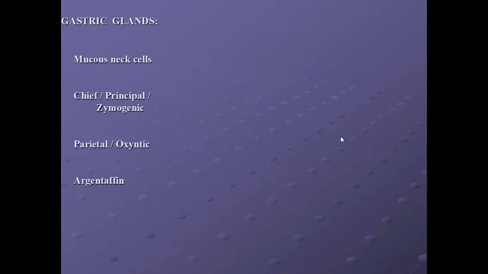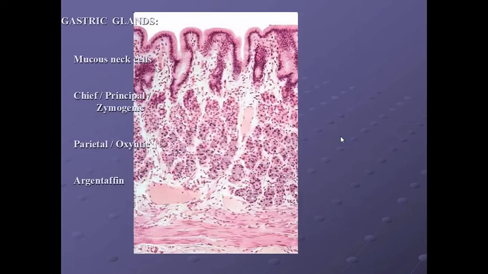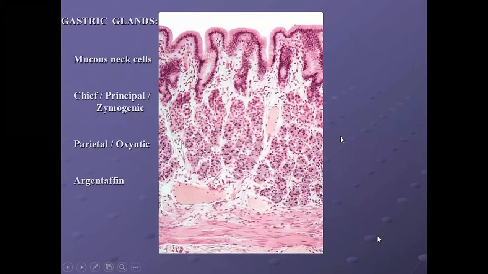Here you find your mucous neck cells. That is the gastric pit. Then you have your mucous neck cells, and then you will have your principal cells, and then you have your oxyntic or parietal cells.